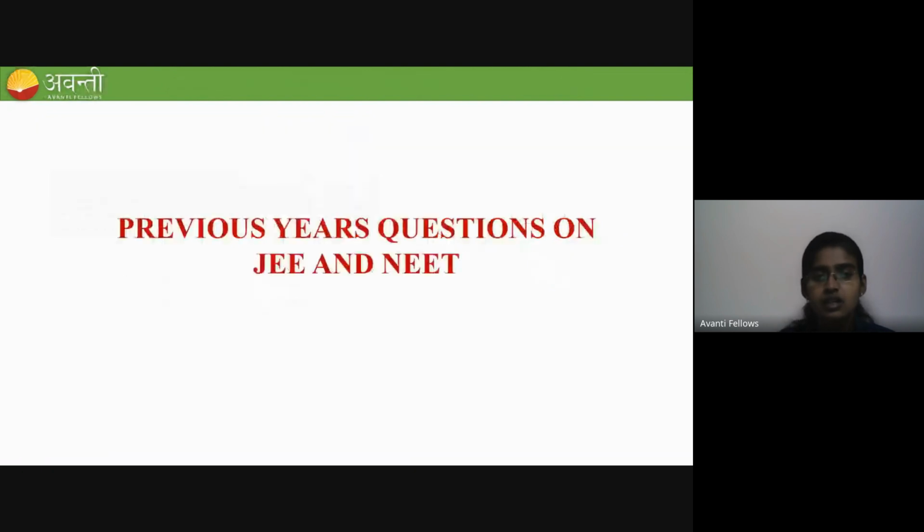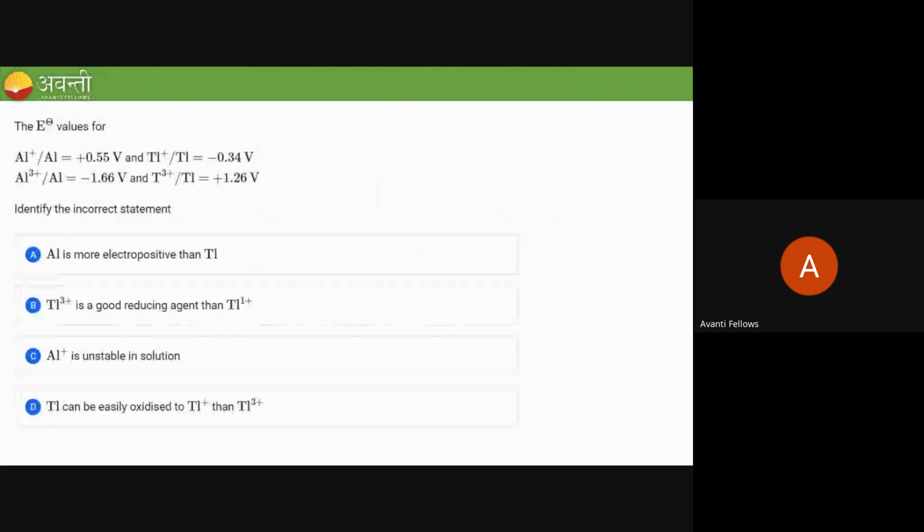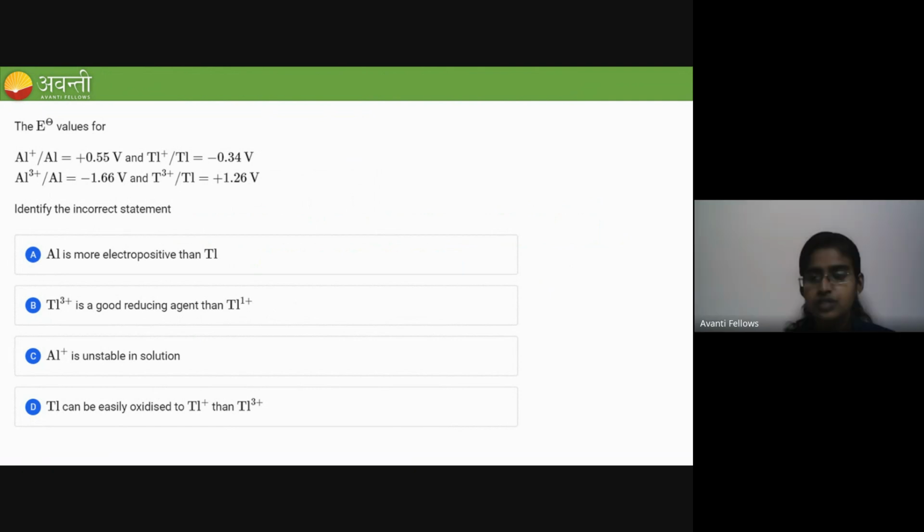Previous year's questions we will do on JEE and NEET for electrochemistry. So here is the question for you. The E0 values for aluminium and thallium are given. We have to identify the incorrect statement.